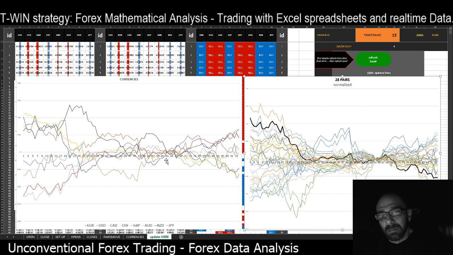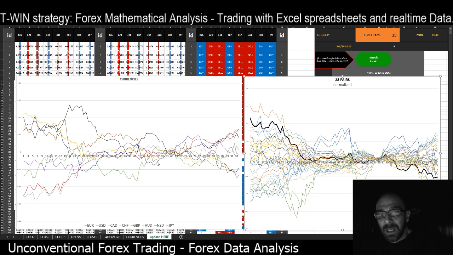So by following the euro as a negative, someone could have thought about selling euro, but in reality that would have been a trade to do if the dollar would have been on the positive side, so if it would have been on the buy side.